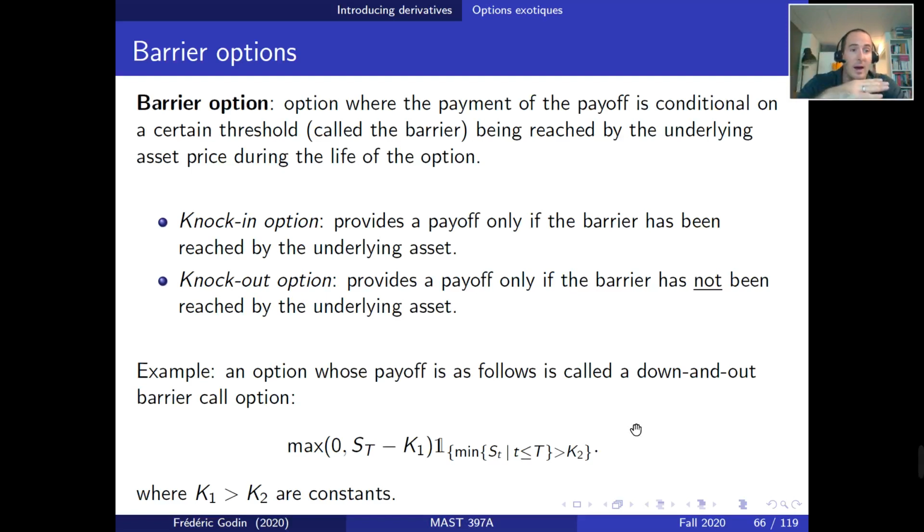Down means that the threshold is a downward barrier. Up means that the threshold is an upward barrier. So you have either call or put, so 2, either down or up, so times 2, and either out or in, so times 2. So in total, there are 8 possible types of barrier options.